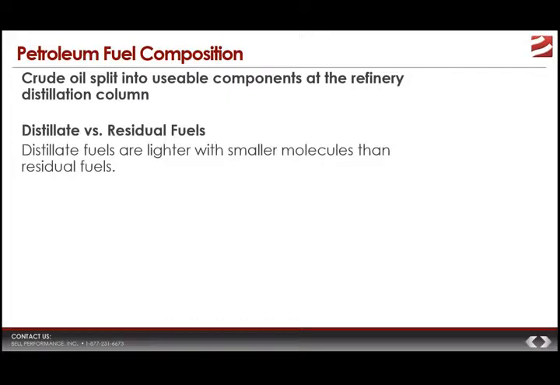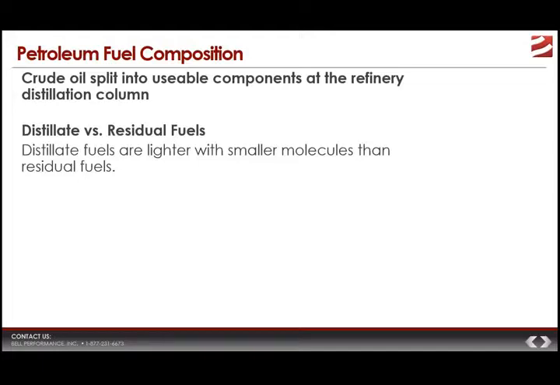And so you get a lot of different things come off. You can get natural gas, you get gasoline, you get number 1 diesel, number 2 diesel, number 4, and then you get down to the number 6 heavy fuel oil, and then the stuff that's left over, which is the tar and the asphaltenes. Now, the stuff at the top of the column, the natural gas, the gasoline, the naphtha, number 1 diesel, those are called distillate fuels.